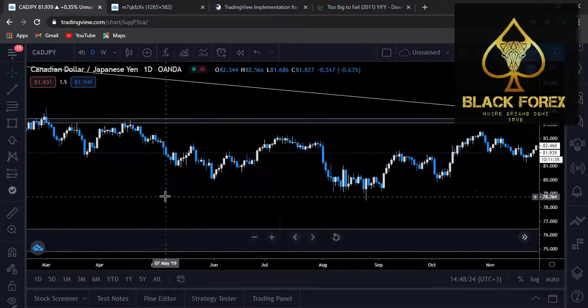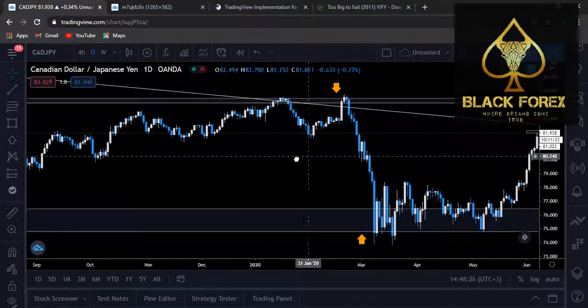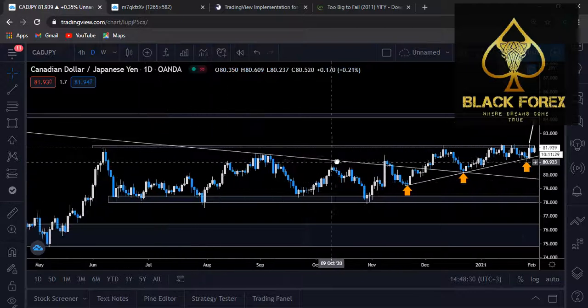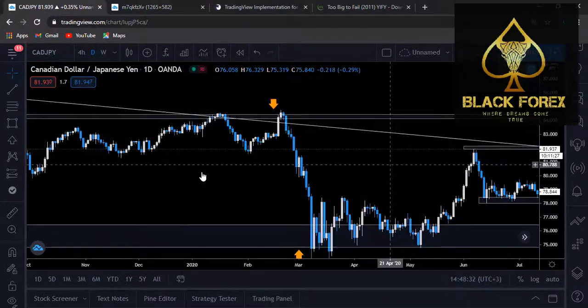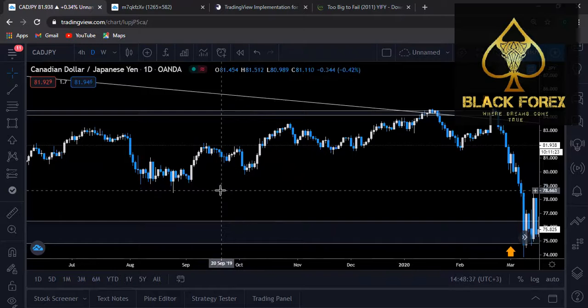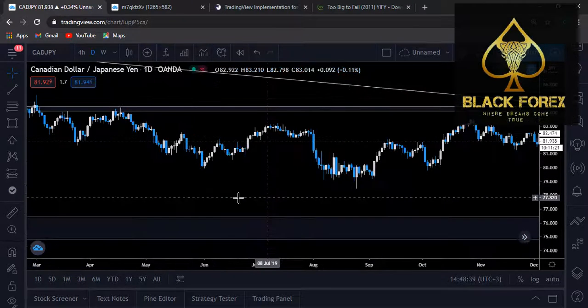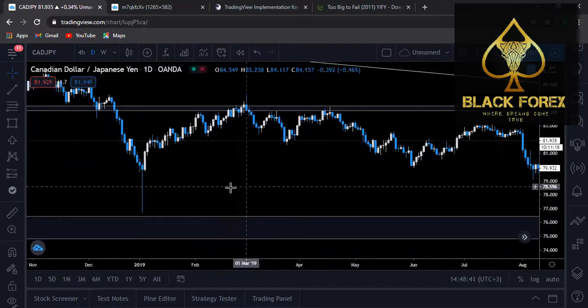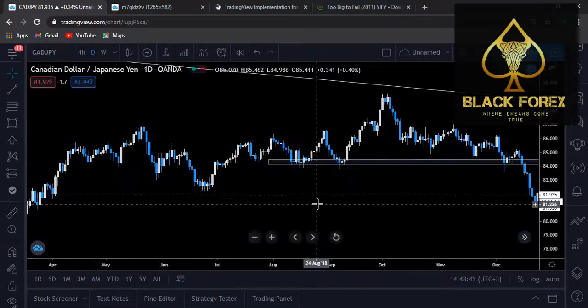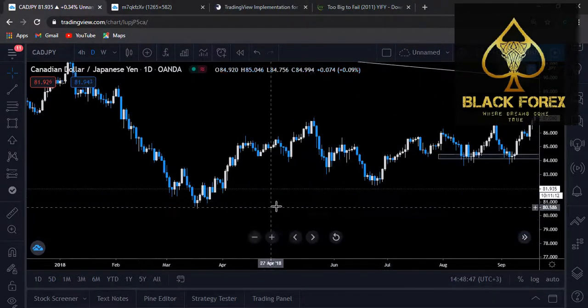We're on CAD JPY. Let's see if we can look for a potential market structure. So far, nothing. So if you've noticed, some people commented that the videos are too long.